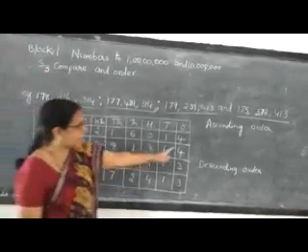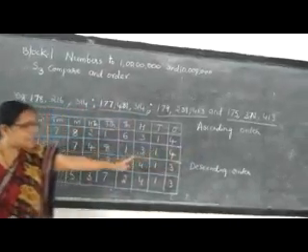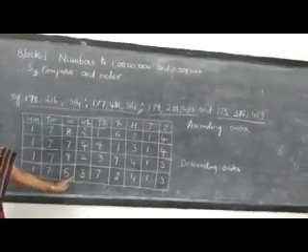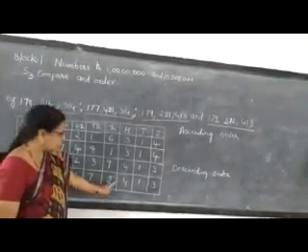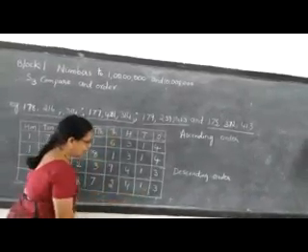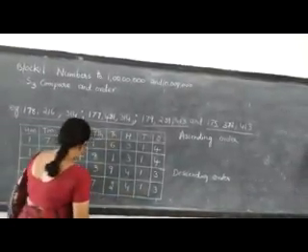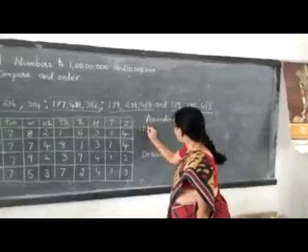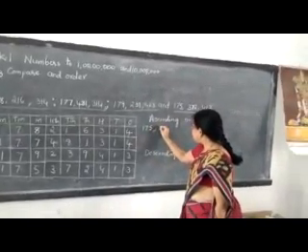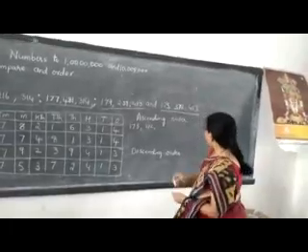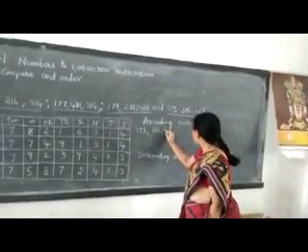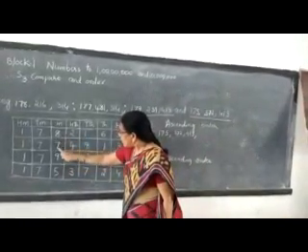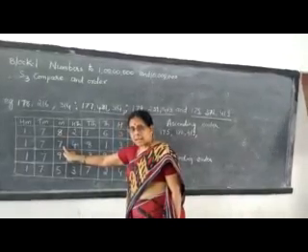So first we are writing the ascending order. Ascending order means small to big. So which is the smallest number? This one, 175,372,430. So first we write this number. Next, after 5, which is the smaller number in the millions place? 7 is the smaller number.